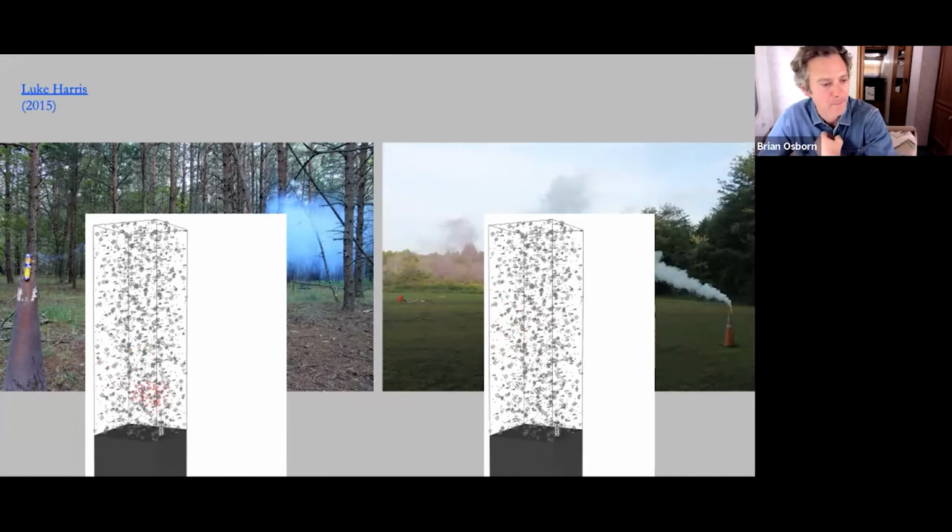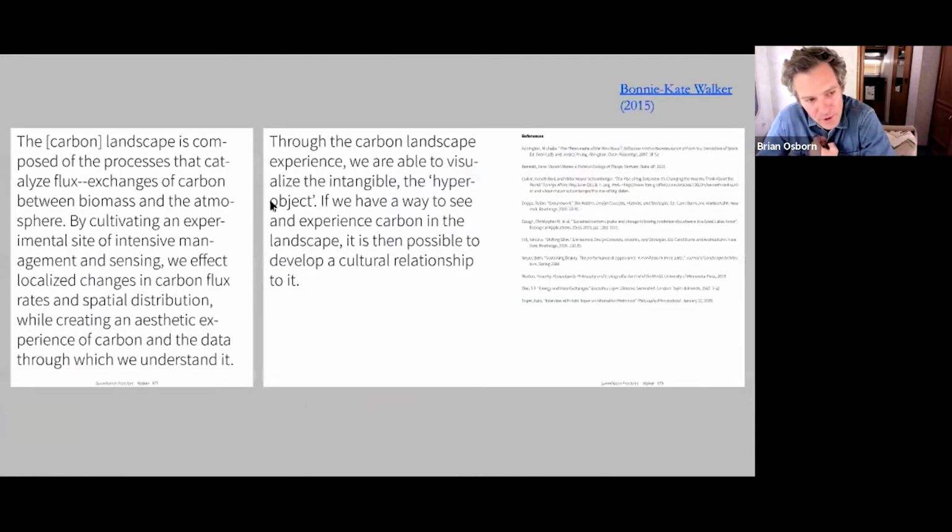So I think one thing that we were trying to get to in the studio is to reframe the material of landscape, or the traditional materials of landscape, or maybe the assumed material of landscape, in a new way. So this is the work of Bonnie Kate Walker, who you saw doing the control burn.